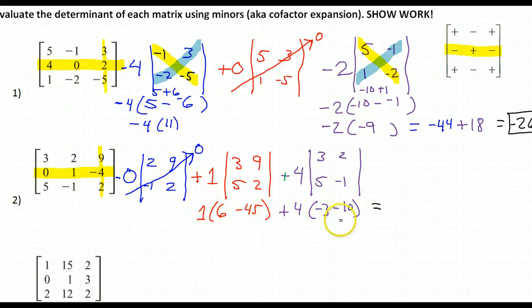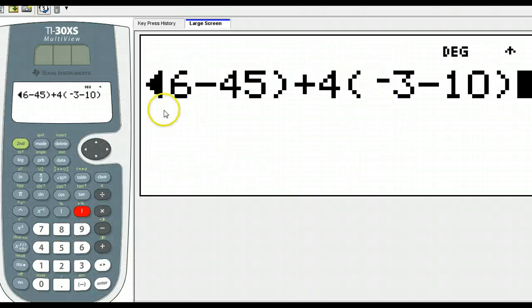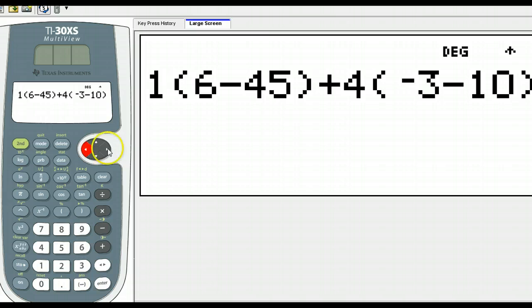If you're very comfortable with working with integers, you could certainly continue on and do this in pieces, but however you do it, make sure you get the correct answer. I even typed in the 1, which is really not necessary. But either way, you should be getting -91.